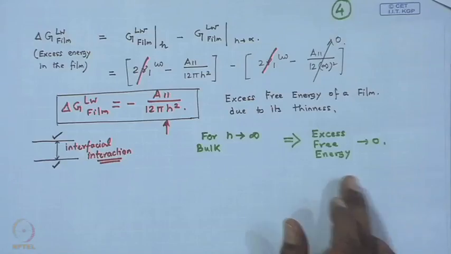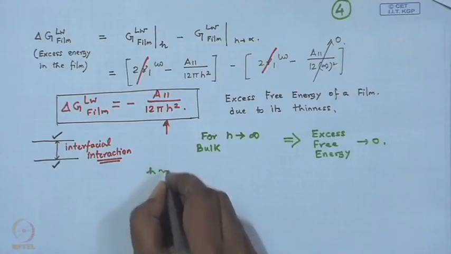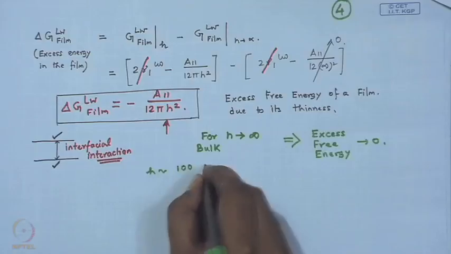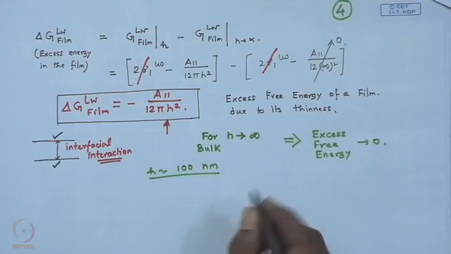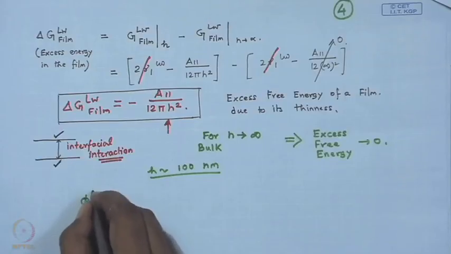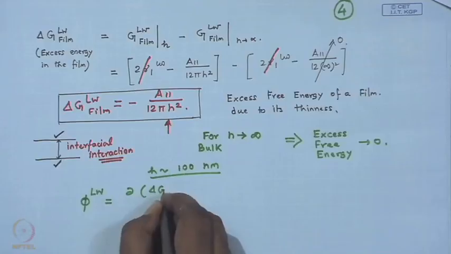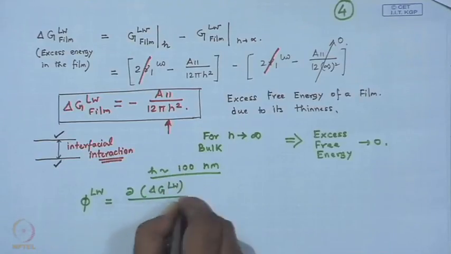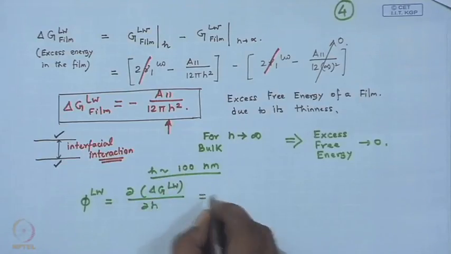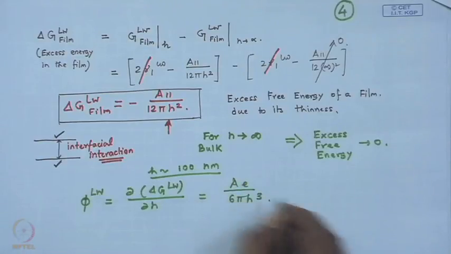Physically this term becomes significant for ranges of h varying up to, let us say, a maximum of 100 nanometer, certainly not more than that. The effective interface potential phi LW is defined as the rate of change of this excess energy as a function of film thickness, which turns out to be A divided by 6 pi h cube.